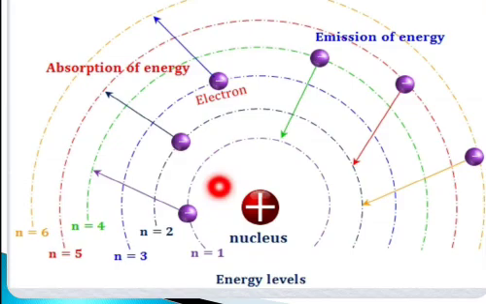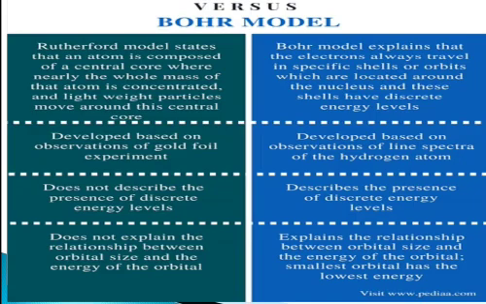Now the energy that is emitted from the electron is in the form of light. So you can see from the size of the orbits, the first shell will have smaller energy because it is smaller in size and closer to the nucleus. In the same manner, the larger shell, the last shell, that is n equals 6, is larger in size, so it will have higher energy.